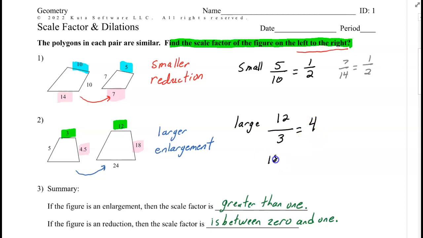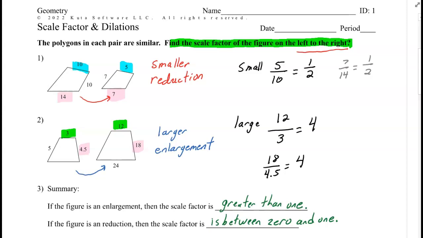You could have used 18 over 4.5, and if you divide 18 by 4.5 on your calculator, you also get 4. So in summary, the scale factor for problem number 1 is 1/2 because it is a reduction. The scale factor for number 2 is 4 because it is an enlargement.